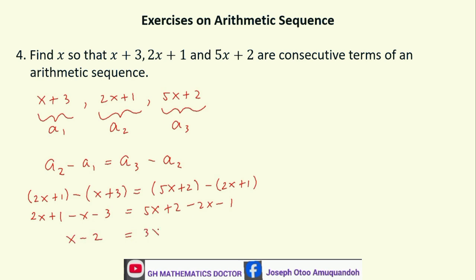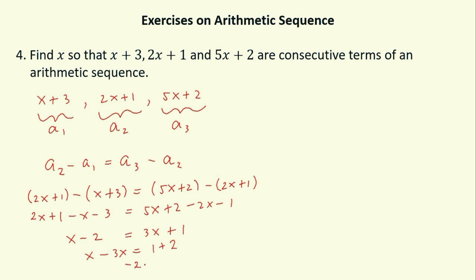So follow the screenwriting, then you know how the simplifying will go. So grouping like terms at this stage, all the coefficients of the variable will go to one side. Then finally our x will be defined as -3/2. So this is how to solve this problem.